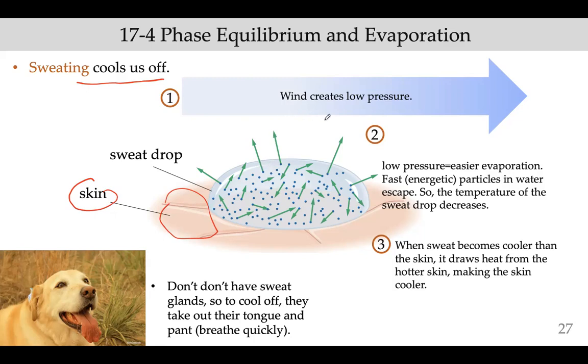You have probably experienced this: at hot temperatures you sweat, but if there's no breeze or no wind, that sweating doesn't cool you off. So sweating itself is not enough. You also need some wind, even a little breeze, but you need some air movement.